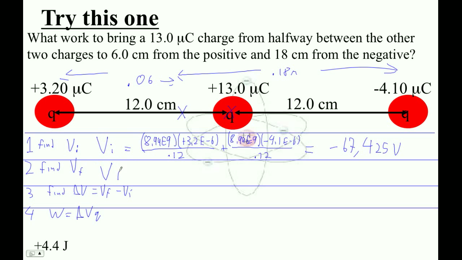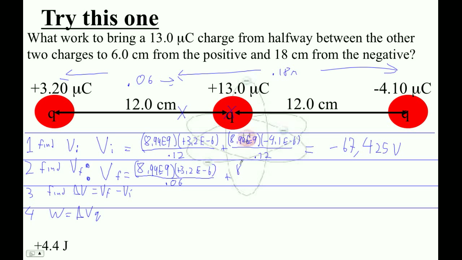Our final voltage, okay, is 8.99E9 times 3.2E minus 6, and that's positive, right? Divided by, and this distance now we've moved it over, so it's 0.06, right?